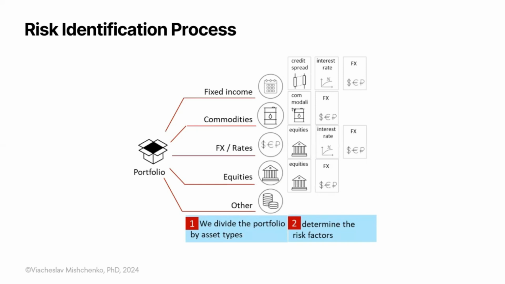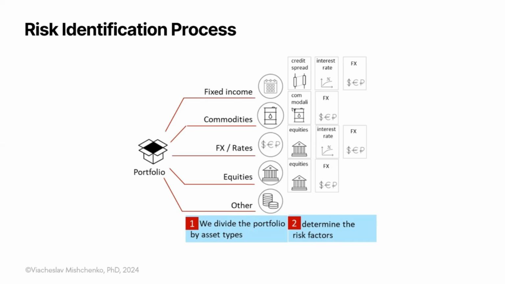We are essentially creating a map of our risk exposures, starting to evaluate the market risks of this portfolio. So we usually start from the decomposition or cascading of the risk factors influencing this portfolio.